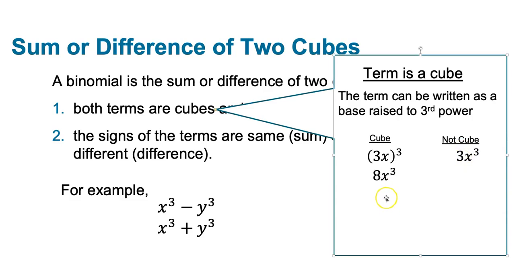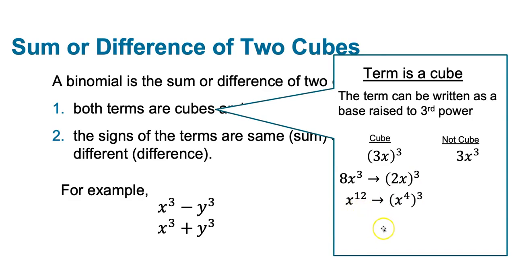Here's another example of a perfect cube, 8x cubed. The reason, even though there's no parentheses, is because 8 is a perfect cube itself. Thus, it can be rewritten as 2x as the base raised to the third power. Another example is x to the 12th power.